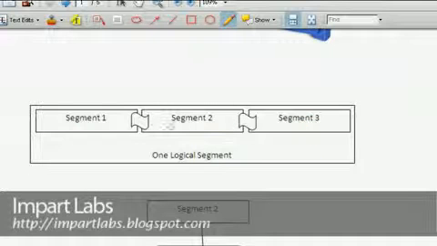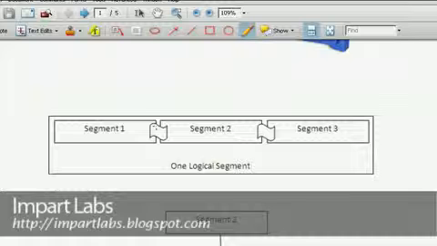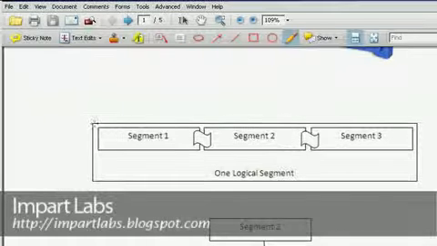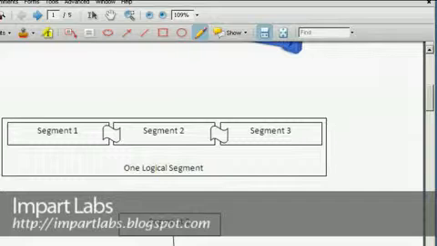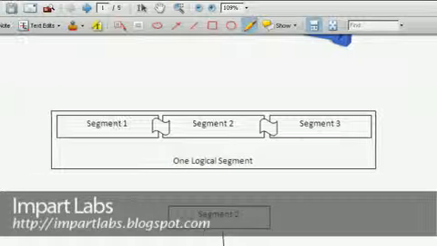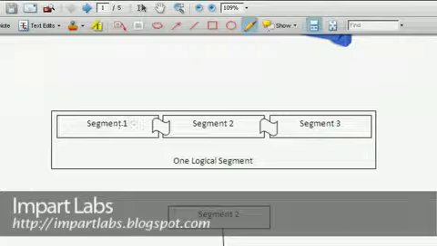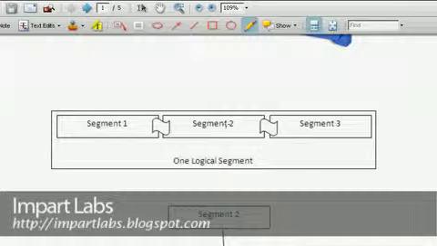When they are bridged, the bridge would look at them as one big logical segment, and as we said, the traffic in segment 3, segment 2 and segment 1 would remain in itself, and it won't bother the other networks by bringing load traffic to them.